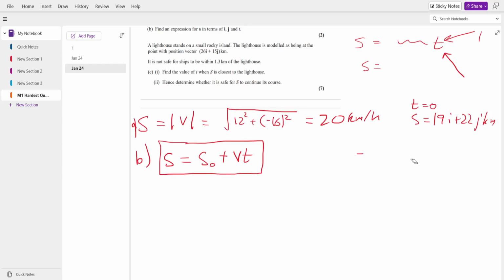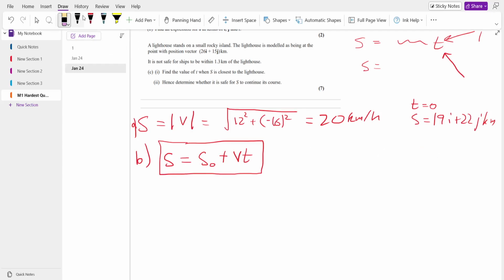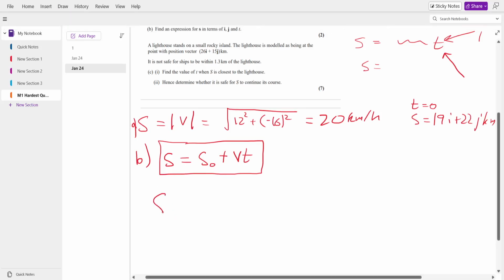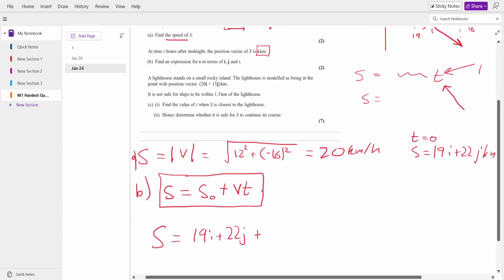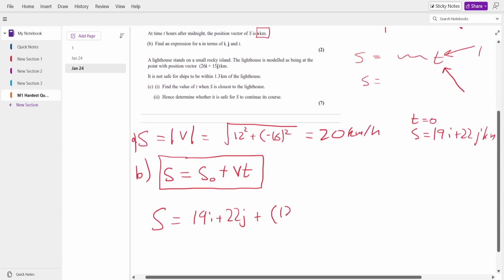Okay, so continuing from here, to find this position vector, we will say that s equals s0, which was 19i plus 22j, plus the velocity vector times time. So the velocity vector was 12i minus 16j, so 12i minus 16j times time. Or I can rewrite this grouping the i's together.